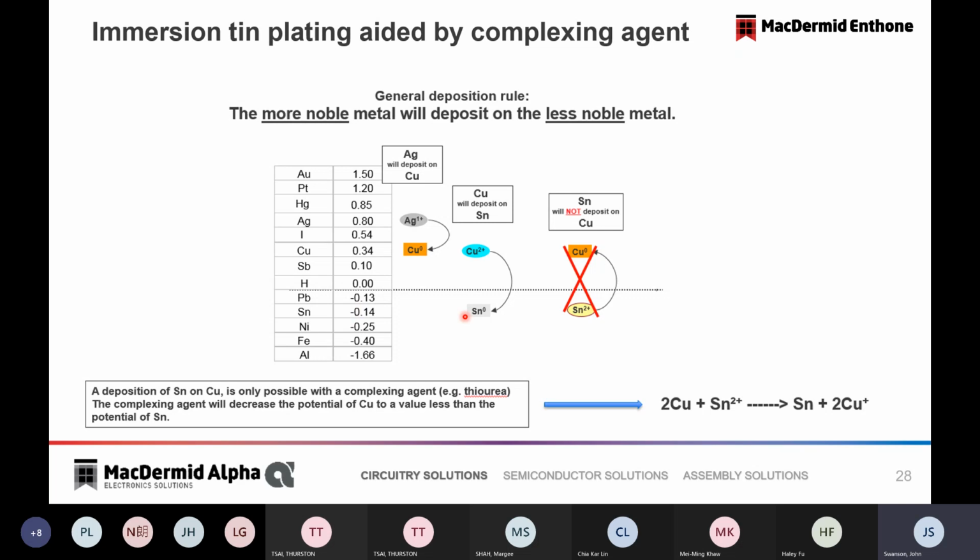However, all of the major chemistries used today utilize a complexing agent. It's typically thiourea, but it's a complexing agent that enables this reaction to be reversed. Basically, it reverses the reaction and enables tin to displace copper and plate onto the copper. So this is one of the reasons that the immersion tin process is a little bit more complex than, say, the immersion silver process or even the OSP process.